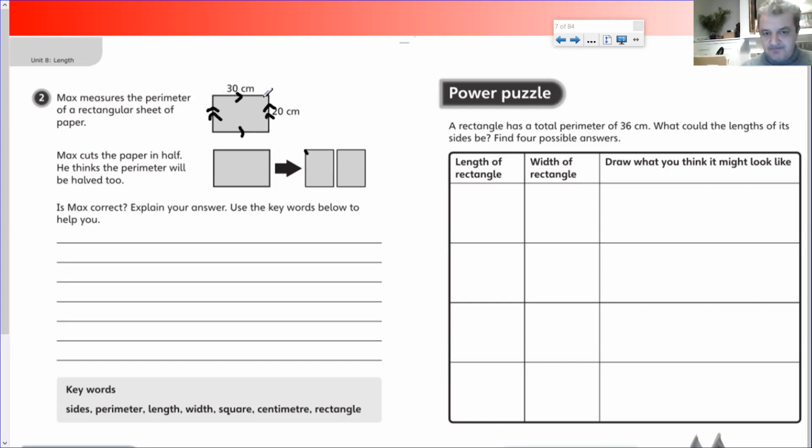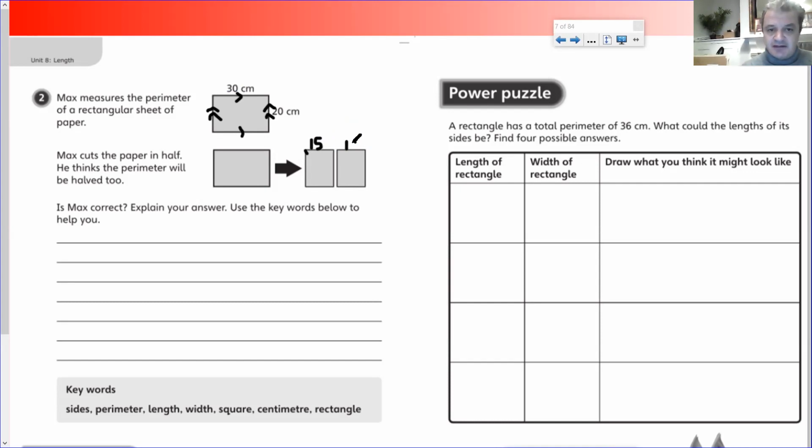So this was 30. What's half of 30? Or what do I need to multiply by 2 to get 30? Leave that for a second, just thinking about it. Okay. Now I'm not going to put the units in, as I'm having trouble fitting it. But that would make this length 15 and this length 15.